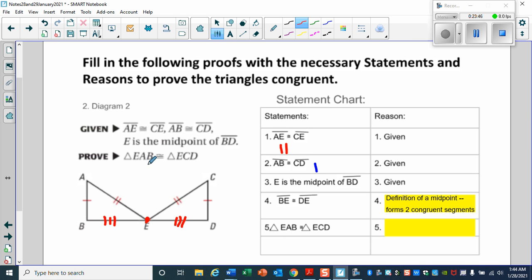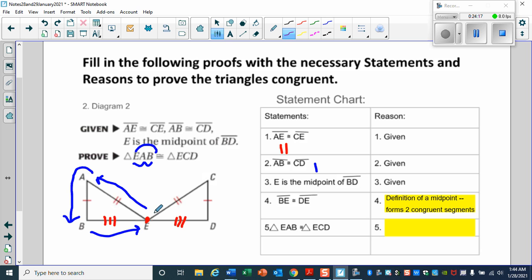We want EAB to be congruent to ECD, but we have to follow the directions. From E to A, it's going this way, and then A is going to continue down to B. So basically we went from E to A to B, and then B is going to return to E.